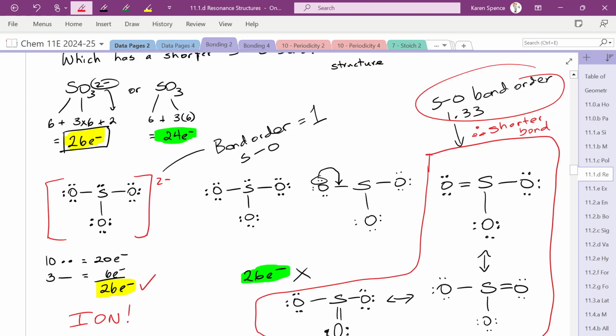Okay, those bonds in SO3, not the 2-, sulfur trioxide, are going to be shorter and stronger. Does that make sense?